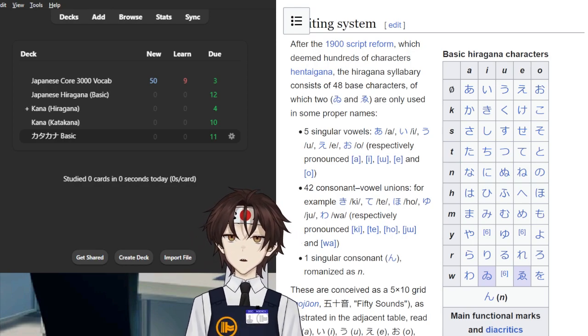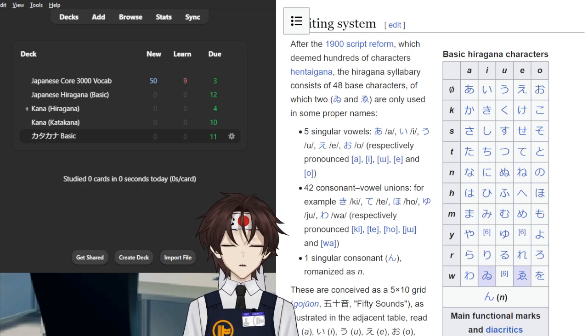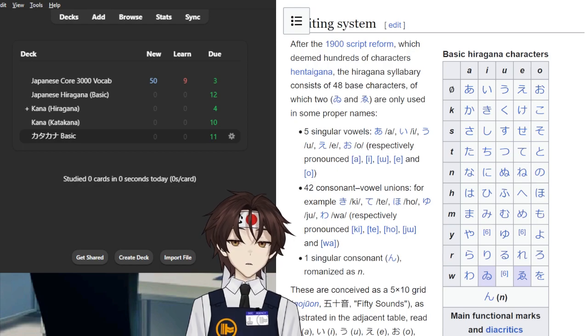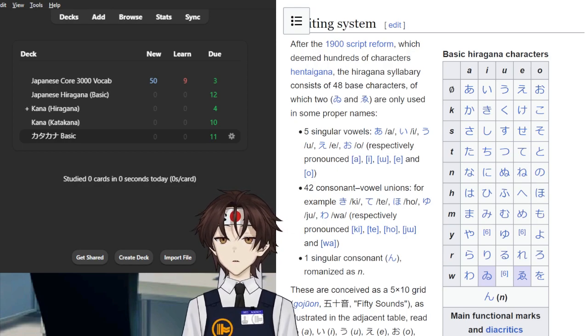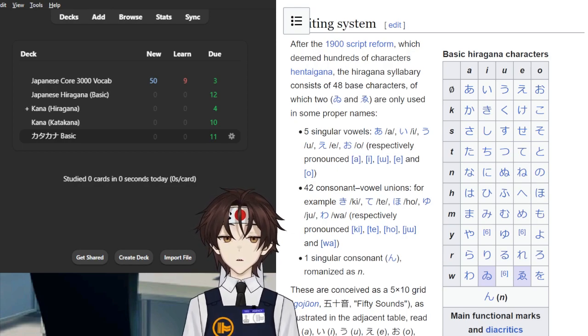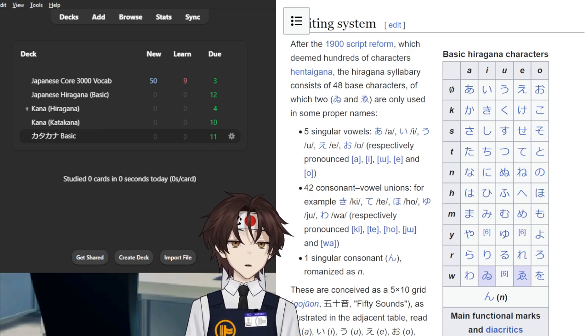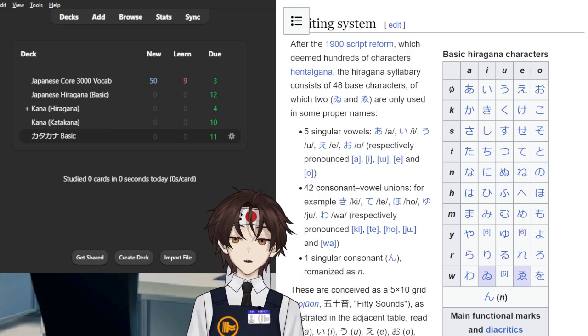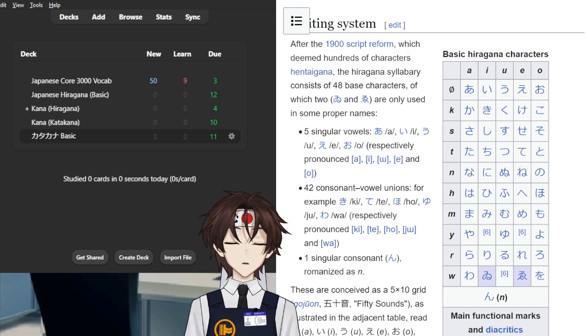And given that, I guess we should start. So to the uninitiated, to my left is a cheat sheet of the hiragana writing syllabary, and to my right is the Anki flashcard program.